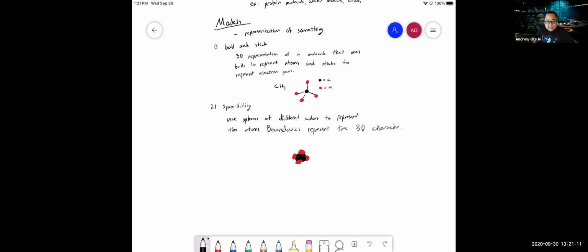Next, you might be wondering, what do C and H mean? In our models, they're called chemical symbols. For example, H is a hydrogen atom, and O is an oxygen atom.